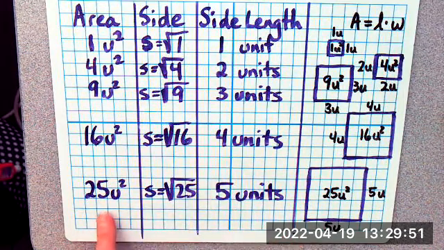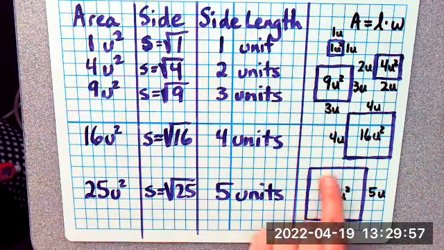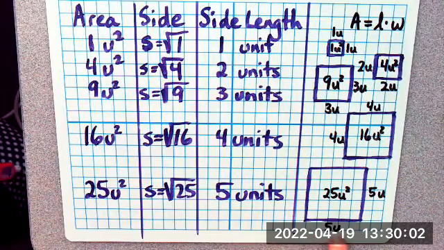If we look at 25 units squared, we have a length of 5 units and a width of 5 units. So the square root of 25 would be 5 units.